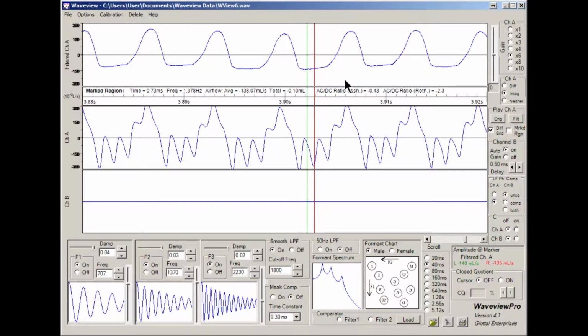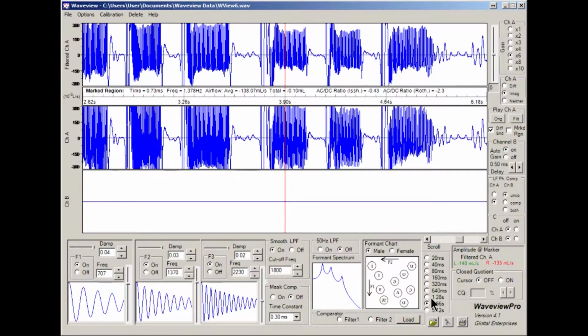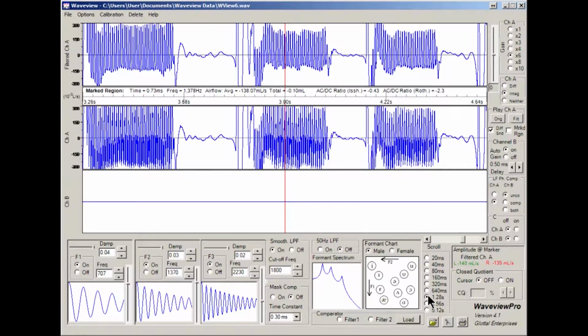So this is the inverse filtering of the second vowel. And so that's the inverse filter process for a microphone signal in two different vowels.